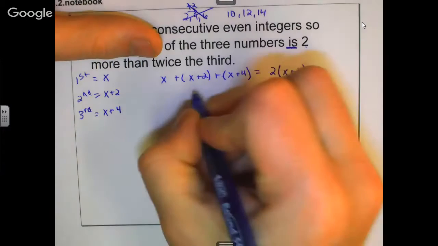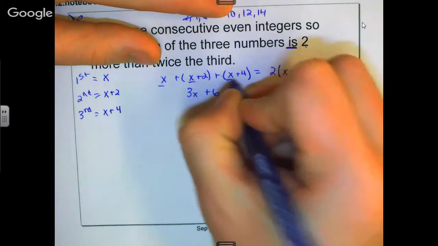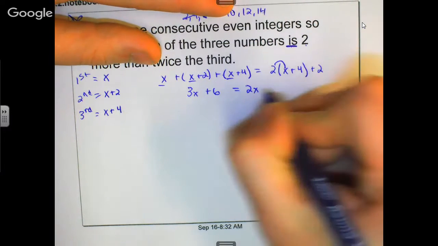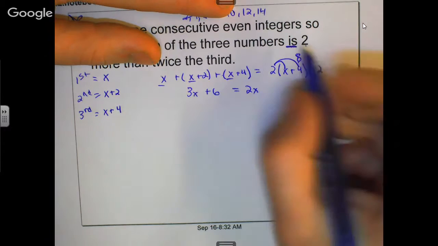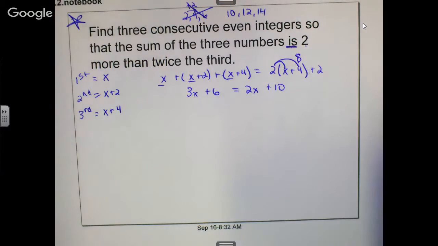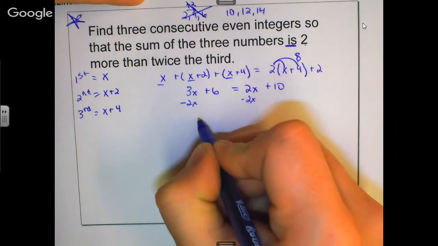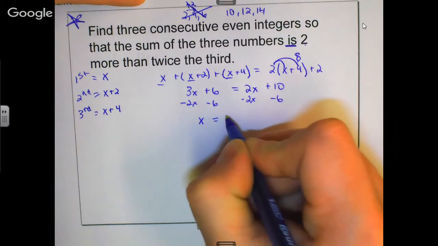Okay, so you have 3x plus 6, 1, 2, 3, equals, that gives you 2x plus 8. You have 8 plus the 2 makes 10. Minus 2x, minus 2x, you get x, minus 6, minus 6, you have 4.